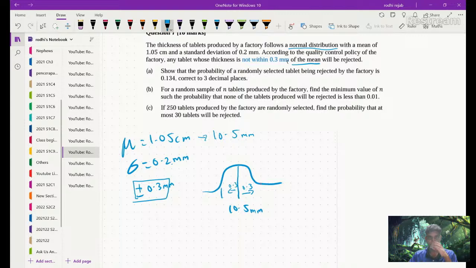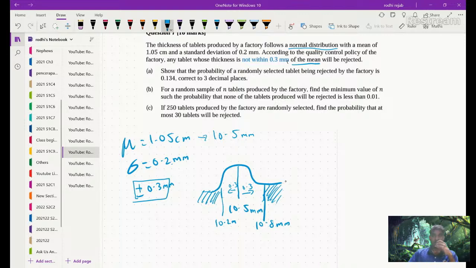So to get these two values, plus 0.3 we would get 10.8 millimeters, and here we will get 10.2 millimeters. The question stated any tablet whose thickness is not within, which means we need the probability of here.